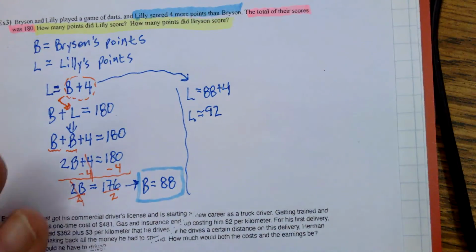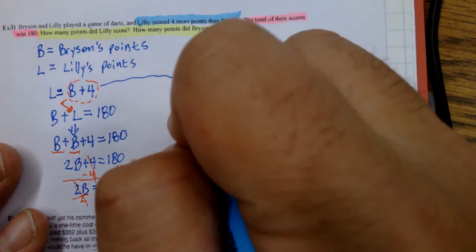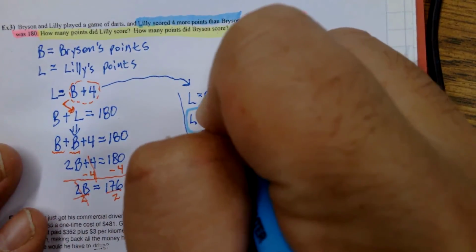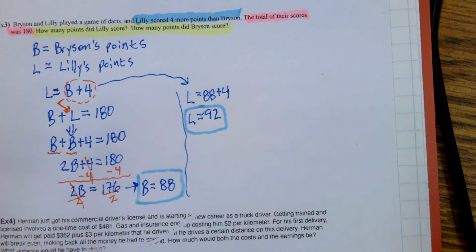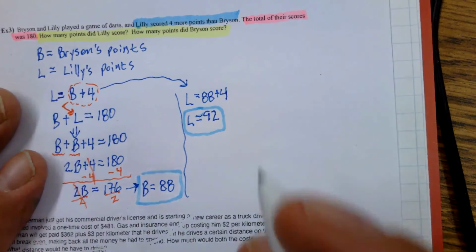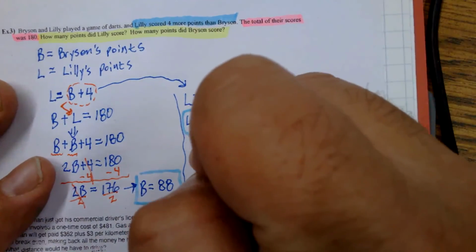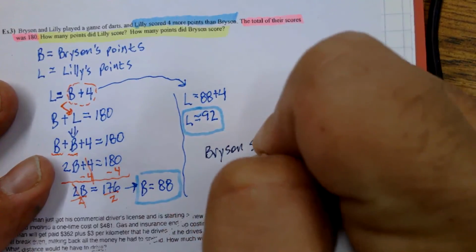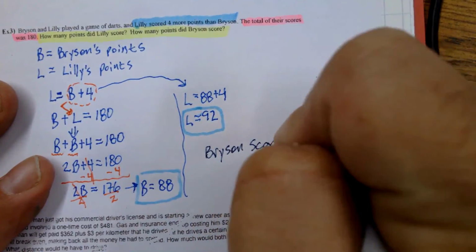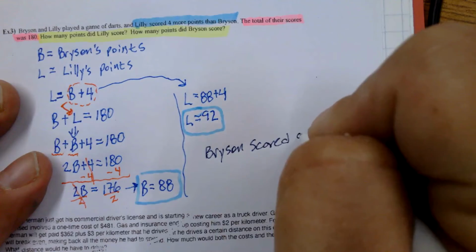So Lily scored 92 points. Okay. All right, so let's write that down. Bryson scored 88 points.